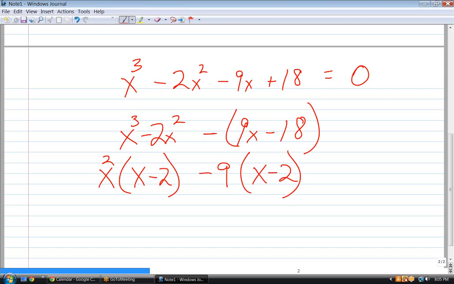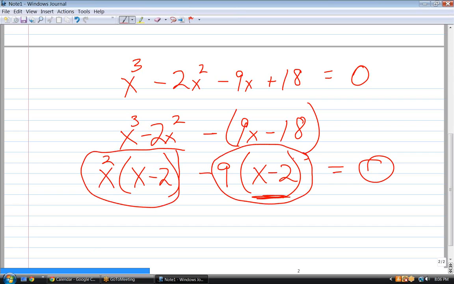And now, what can I do from that step there? Think factor. You're used to factoring out single terms, but it doesn't mean we can't factor out binomial terms. In other words, that divides evenly into this term and this term, and that's all we need.